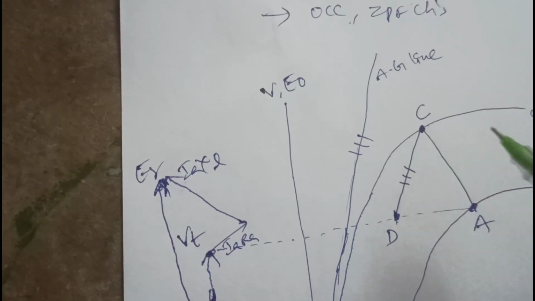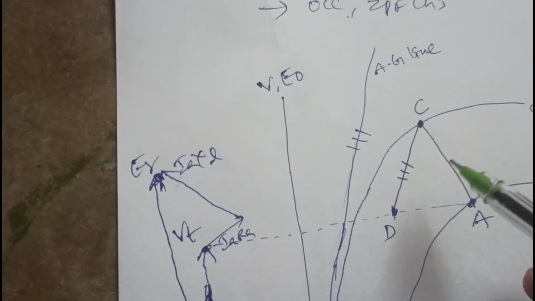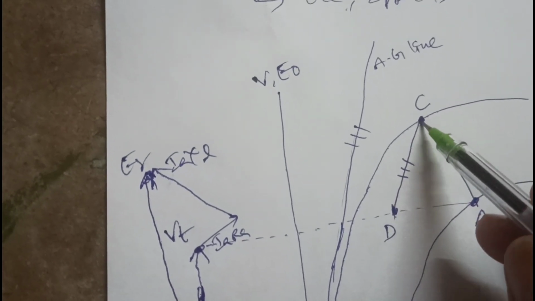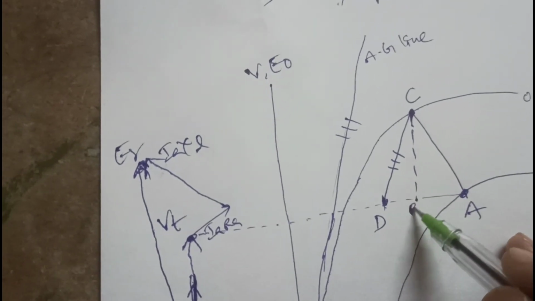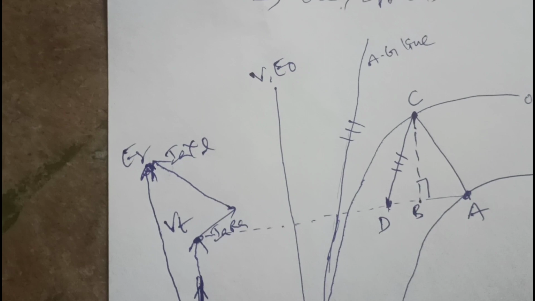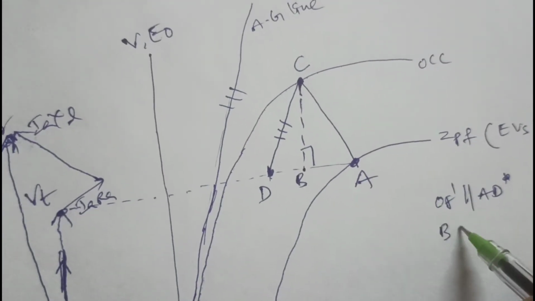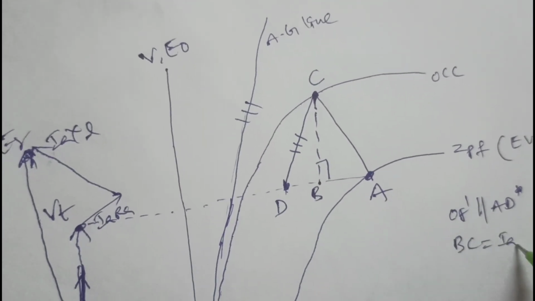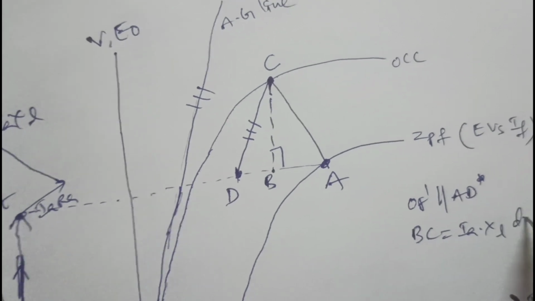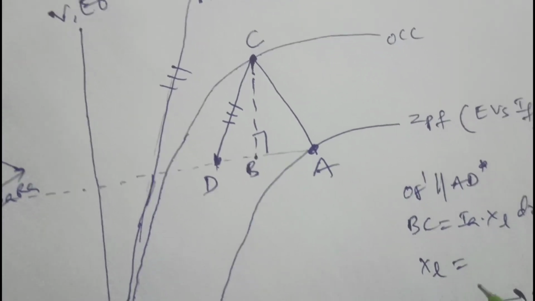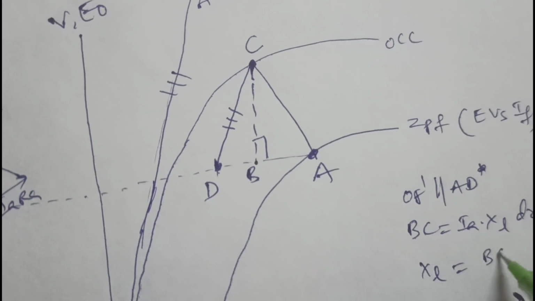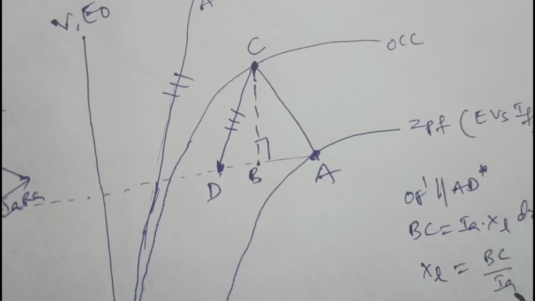From the C point, draw a vertical line perpendicular to AD. Then you get one point, that is B. This BC indicates the IA into XL drop. So XL is BC by IA.